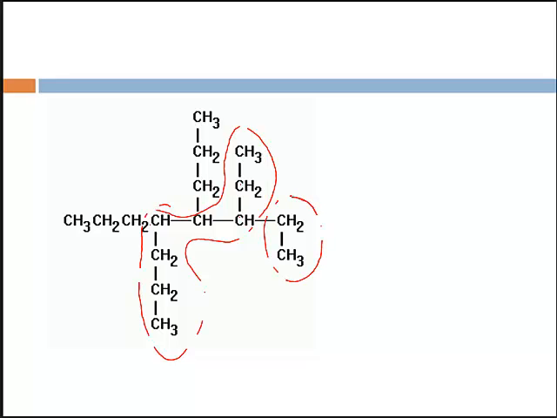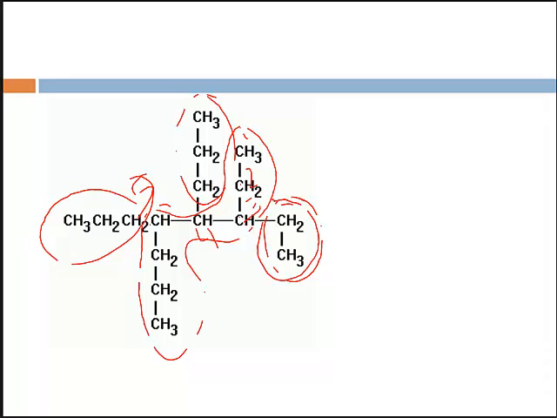So here's the ethyl, here's the propyl, here's a propyl. Okay, look at the longest chain here. 1, 2, 3, 4, 5. It's still going to be 3 ethyl, 4, 5 dipropyl octane.